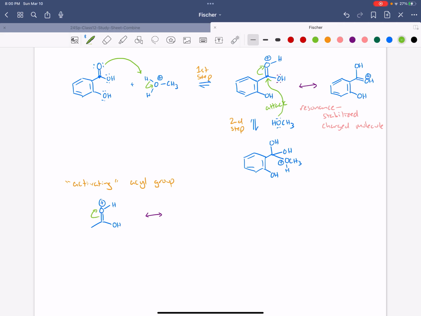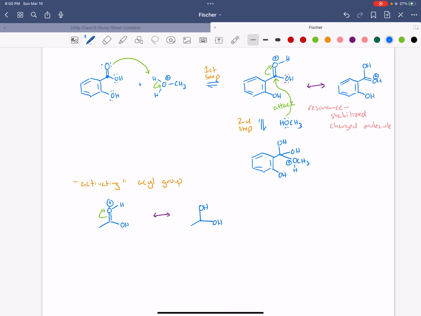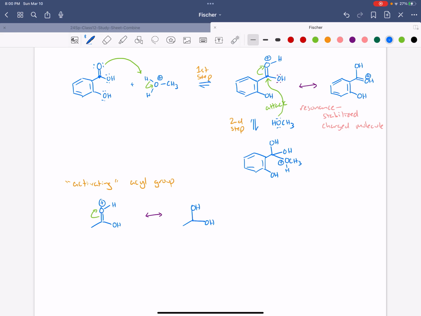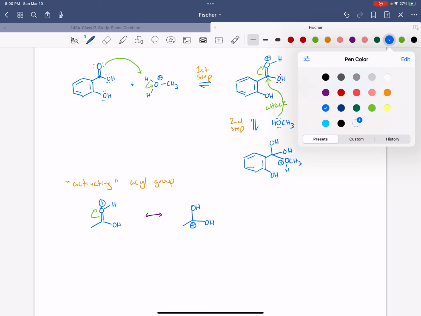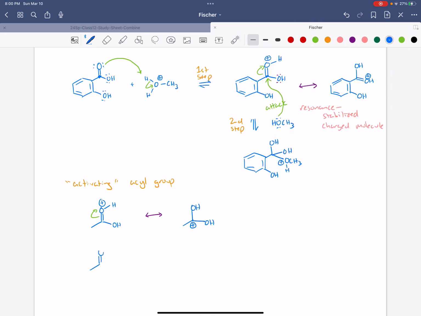Just push those pi electrons up and you have this molecule here. It's not a very major resonance contributor, but it is important because it does put a plus charge on this carbon here.